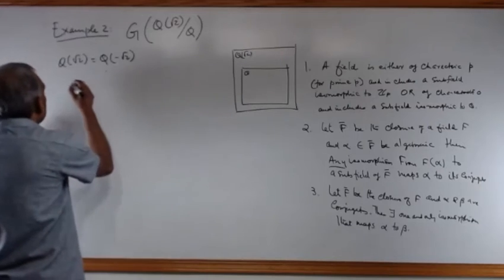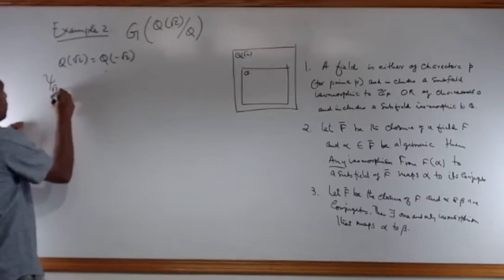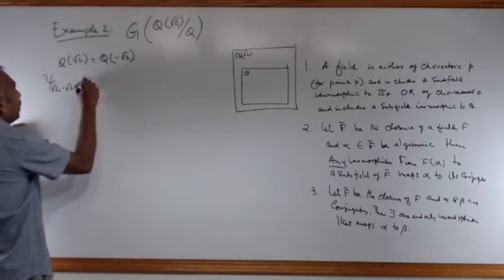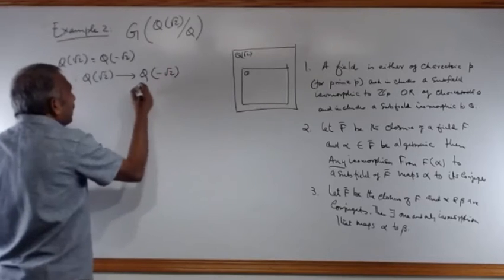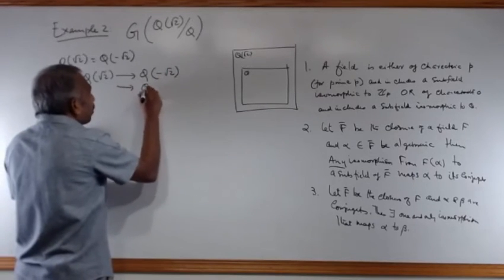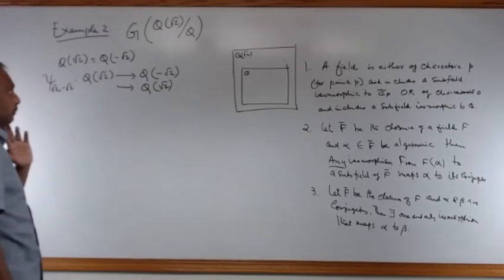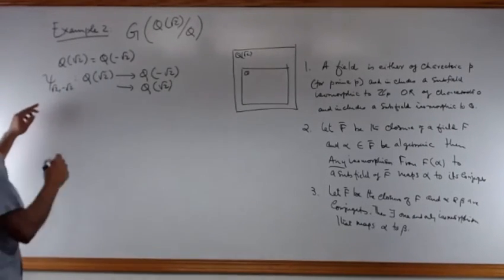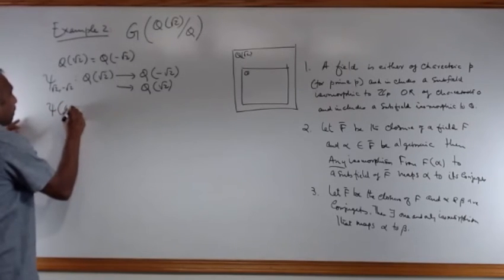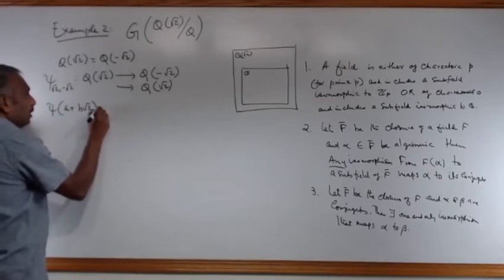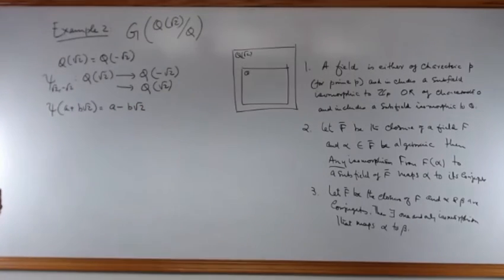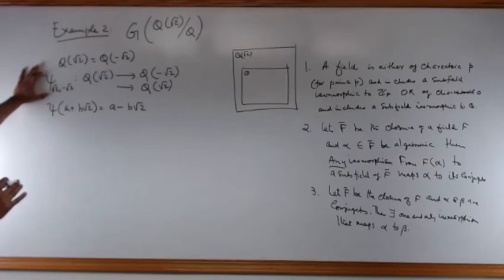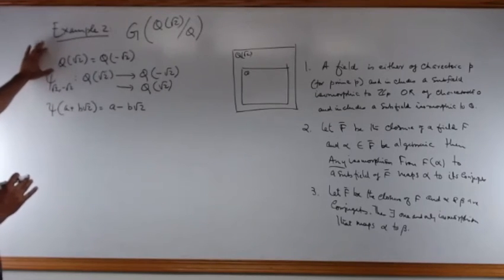And if you consider the conjugate map psi of root 2 comma minus root 2, that is from Q of root 2 to Q of minus root 2, basically that is going to be an automorphism. And what is the definition of this? a plus b root 2 maps to a minus b root 2. This is the definition. So the conjugate isomorphism is an automorphism here.